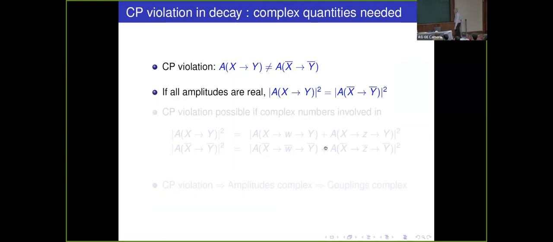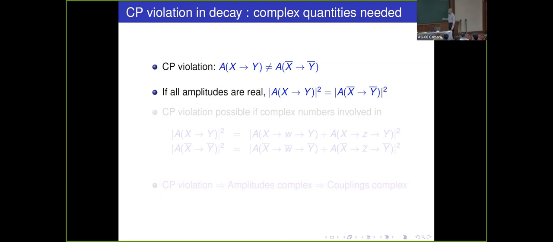Okay. What are the processes that you want to see if you want to study CP violation? You want to look at those processes for which the amplitude of initial state X to final state Y is not the same as the amplitude for the antiparticle decay, so X bar to Y bar. Of course, we can't measure amplitudes, we measure decay rates.